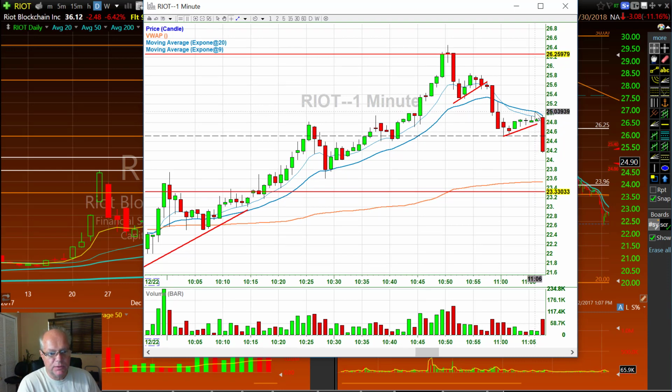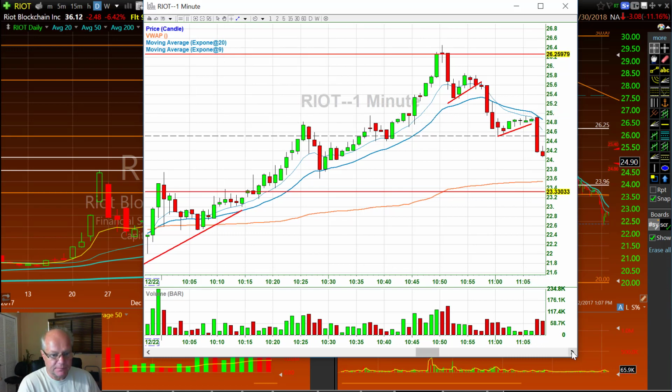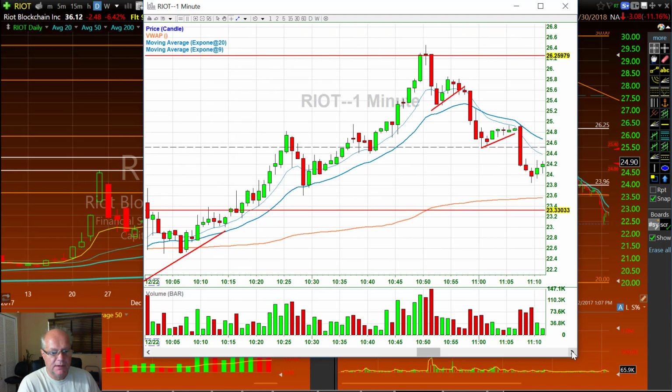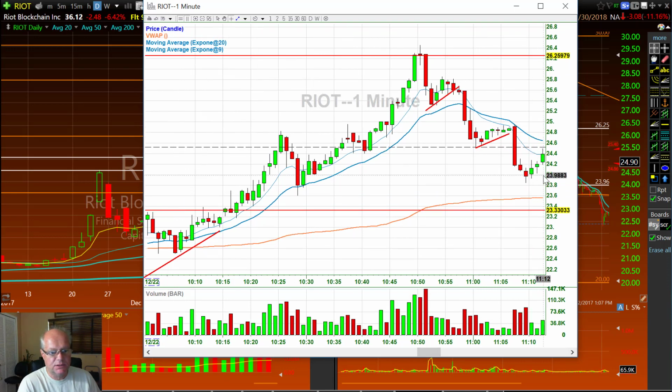Where's your risk? At the $25 level, right? And the 20 EMA sitting right up there. And sure enough, boom, target VWAP, but look, that's the 24. Take some more off right there. And now we've got another bear flag forming right here, pulling up to the 9 EMA.